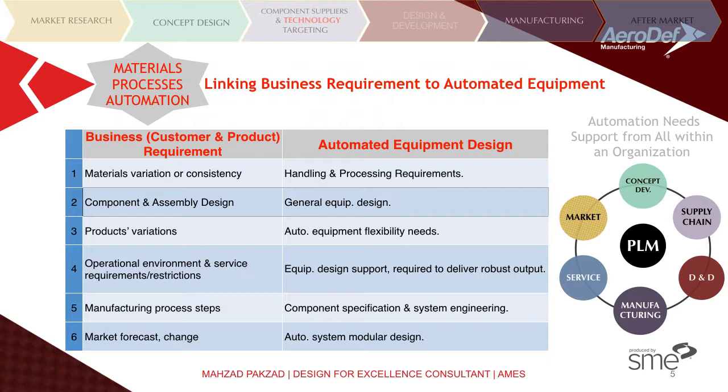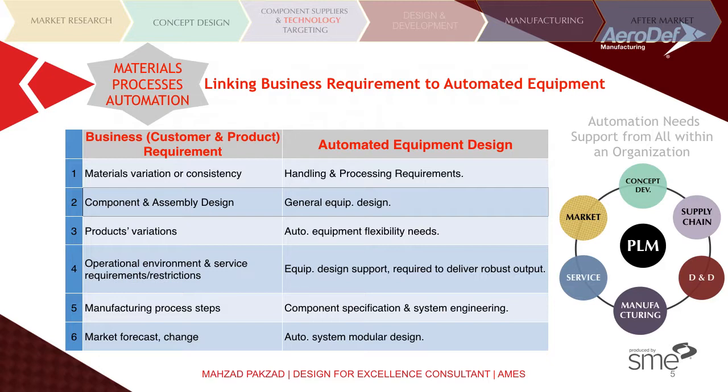Component and assembly design. General equipment design comes based on what the components are, what the features of the components it has to handle are, and what the assembly design is. So basically the configuration of the product determines the general equipment design.